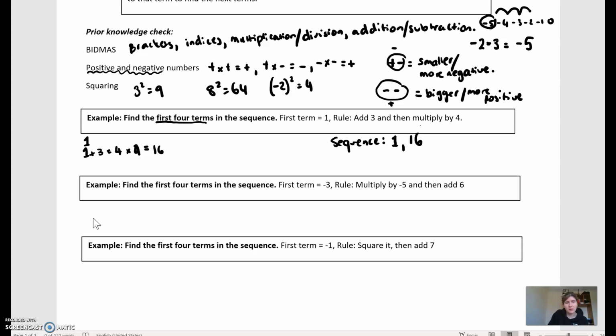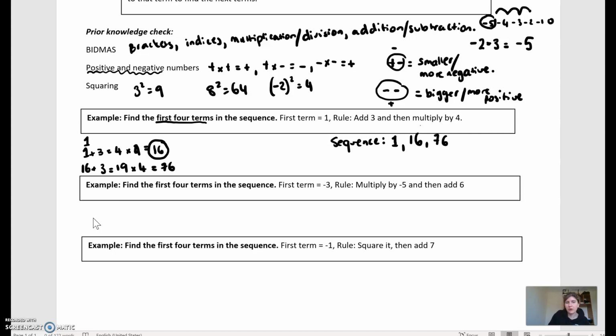For the third one, we take that 16, so you don't go back to 1, you use the value from before. So 16 plus 3 is 19, okay, and 19 times 4 is 76. Okay, so that's our third term.